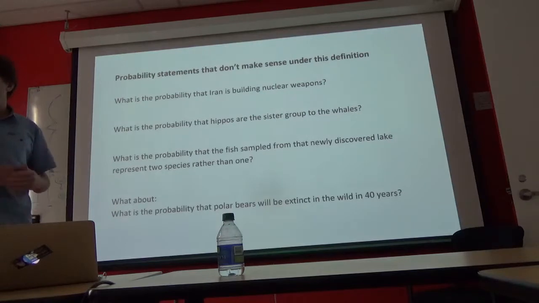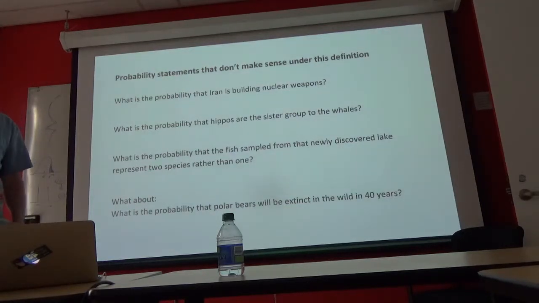But here are some probability statements that you might hear used all the time. They use the word probability to refer to uncertainty, but our definition of probability makes no sense in this context. These statements make absolutely no sense in terms of the probability definition that I just gave you. What is the probability that Iran is building nuclear weapons?